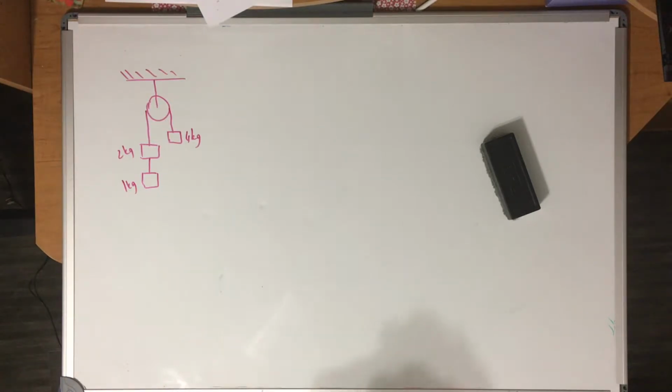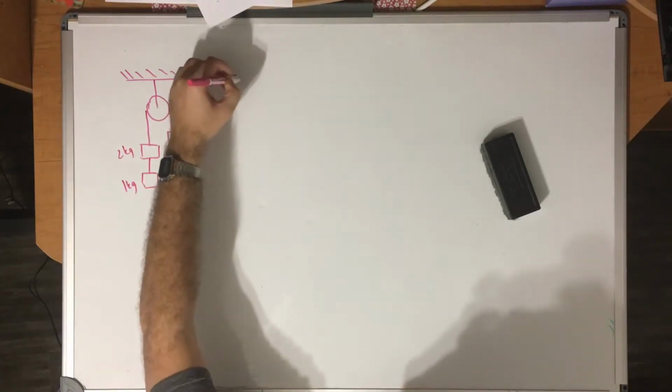And basically that's the setup, and then once you release that system, the question is what will be the acceleration of 4 kilogram object. So like we discussed in class, this is going to be one of a question that we call system questions, because we have more than one object in the system.